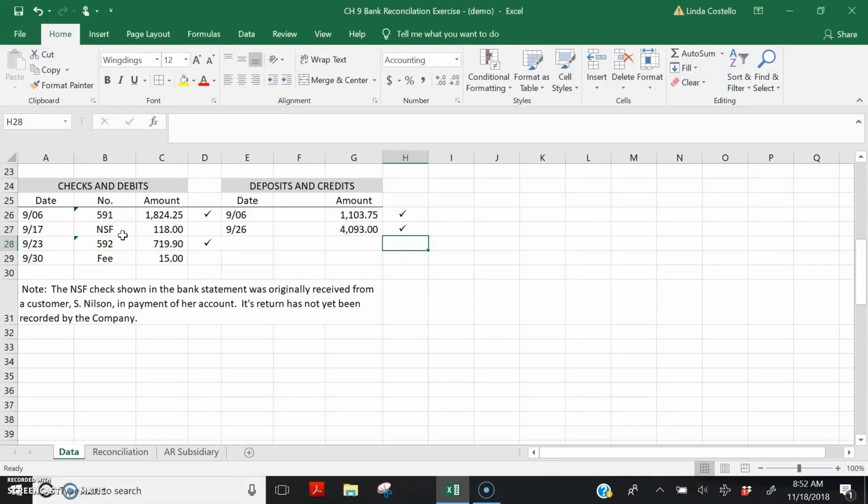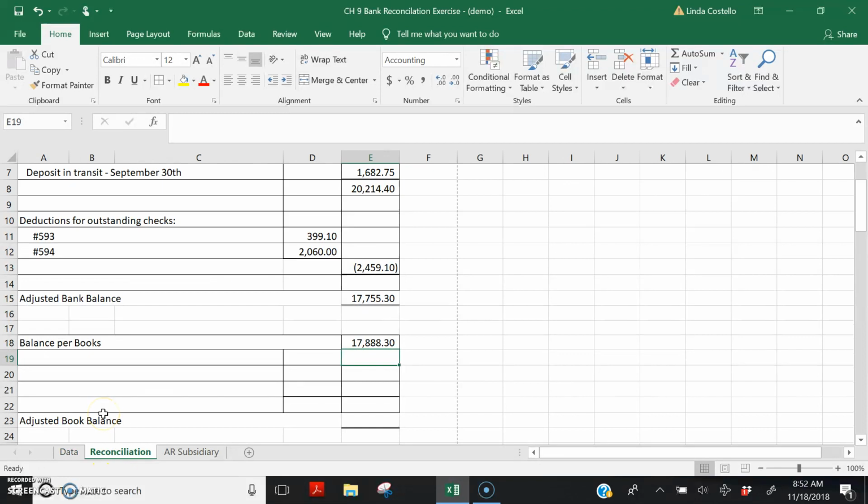The NSF check in the amount of $118 originally received from customer S. Nielsen in payment of her account balance, and the September 30th bank fee in the amount of $15. Let's show these amounts as deductions from the book balance and calculate an adjusted book balance.